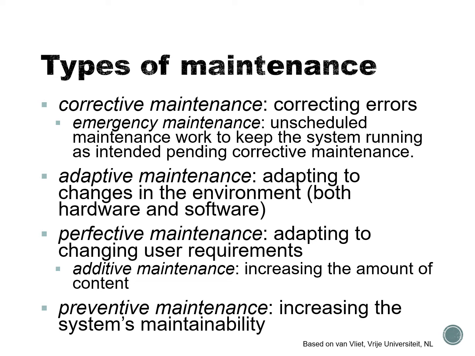Of course, even if we develop our product further, create new features, add more content, whatever we do, we also have some other objectives. We might do some corrective maintenance, correcting errors, or as an emergency maintenance, do something unscheduled or emergency work to keep the system running or working.